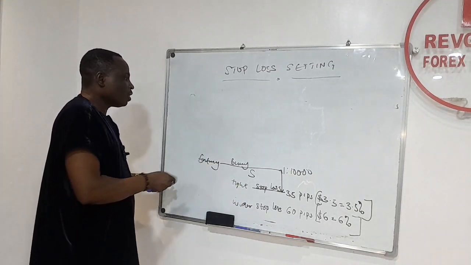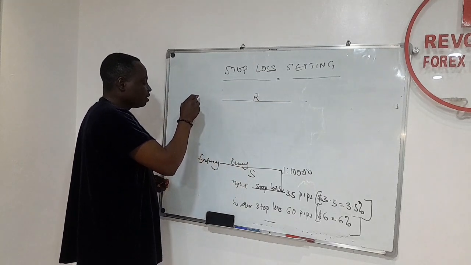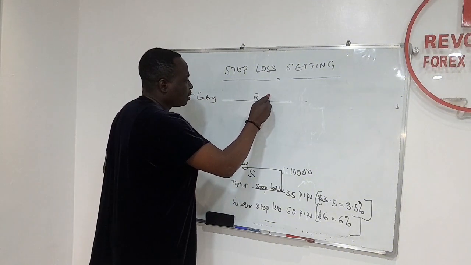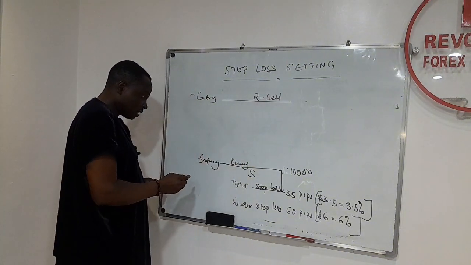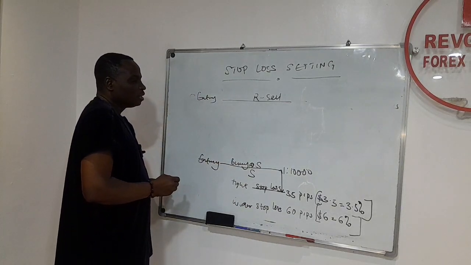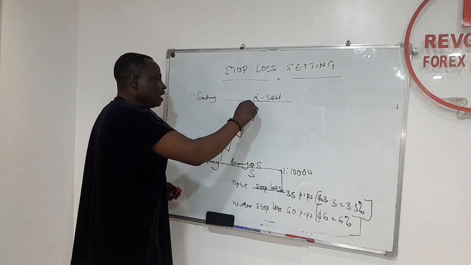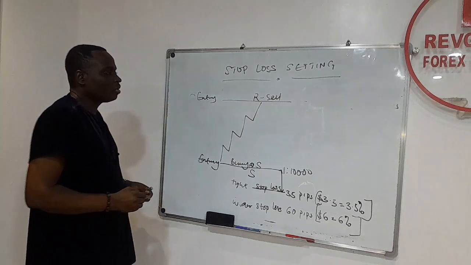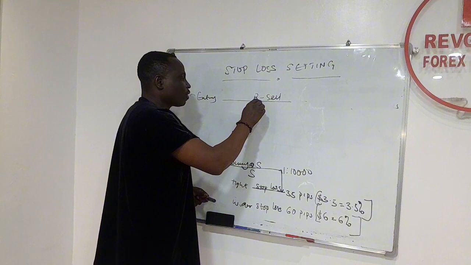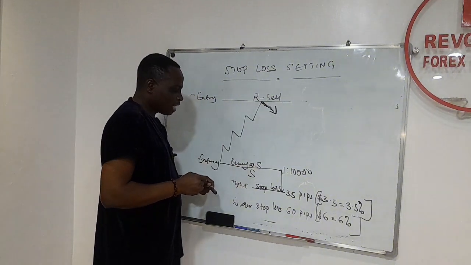So let's assume you are selling. We only sell at what? At resistance entry. Sell at resistance, buy at support. So now the market finds its way up to a key resistance. The expectation is that from here, with confluence, the market should start selling.